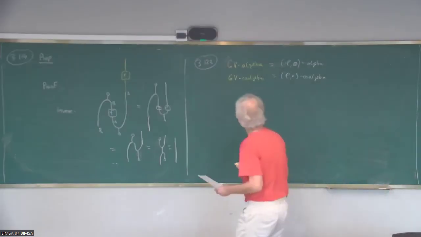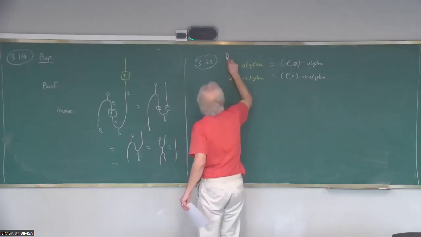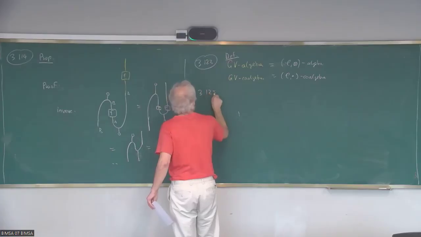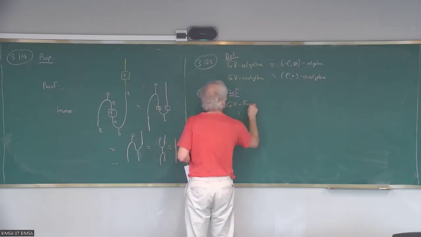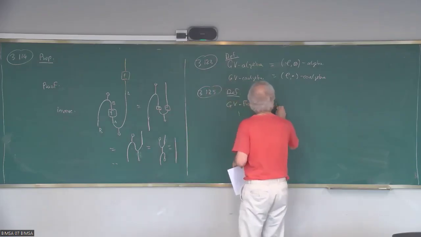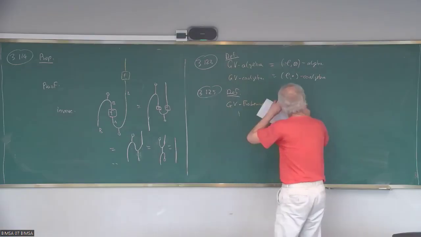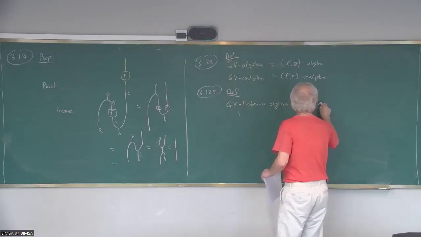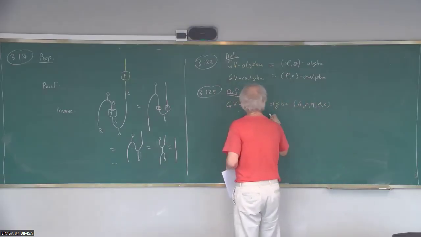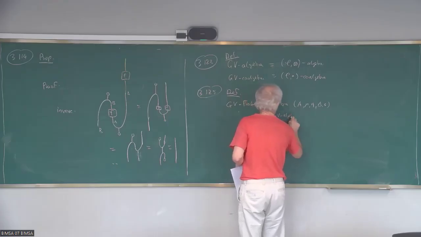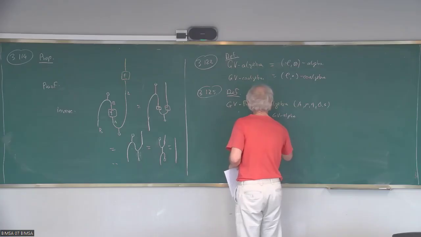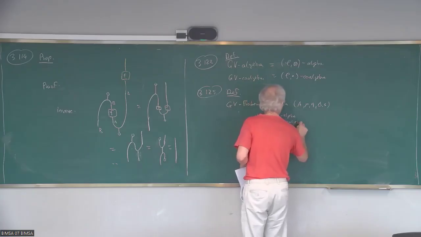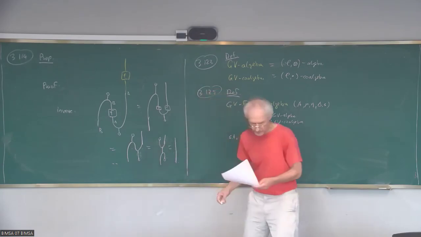And then we say a GV Frobenius algebra (A, mu, eta, delta, epsilon) is a GV algebra and GV co-algebra in the obvious way, such that we have the following equality.